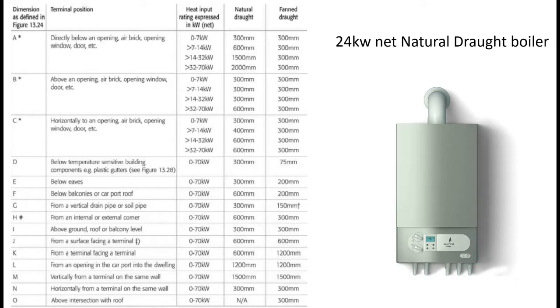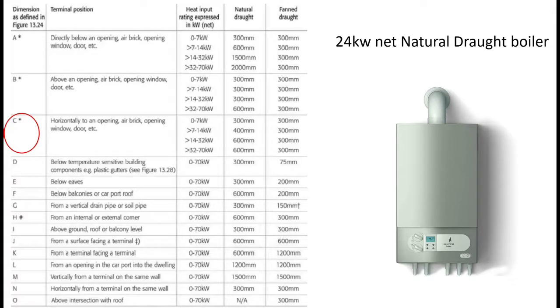In this case, we're going to use a 24 kilowatt net natural draft boiler. And as I said previously, we're going to stick it horizontally next to an opening. That could be a window, an air brick, a door, anything like that.